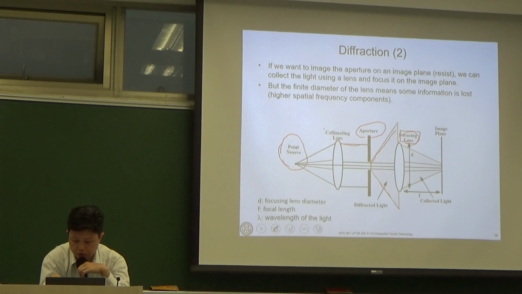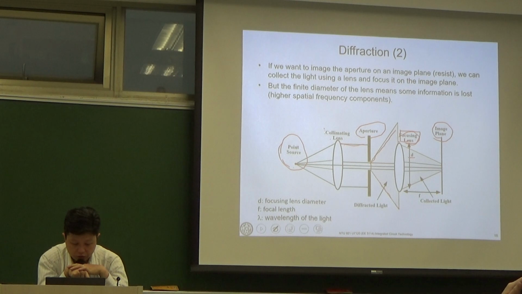We have a focusing lens to focus those photons onto your image plane. Your silicon wafers will be placed in this image plane. There's a certain size of your focusing lens. We call it D, which is the diameter of this lens, and this focusing lens's focal length is F.